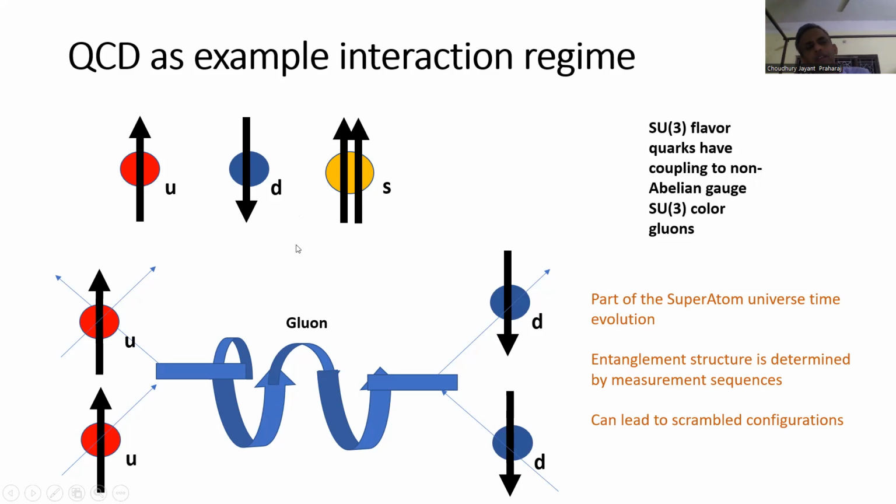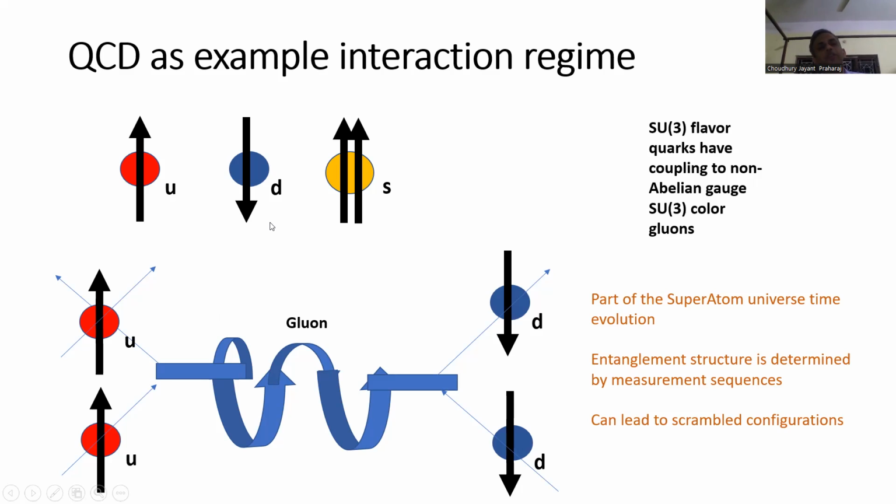And so you can look at this picture as a way to understand the kind of entanglement you can have in a SuperAtom universe picture, and then you can look at the time evolution.